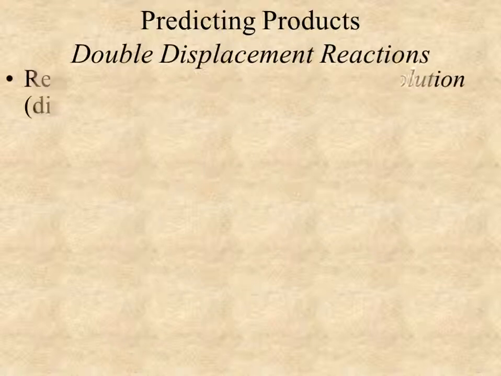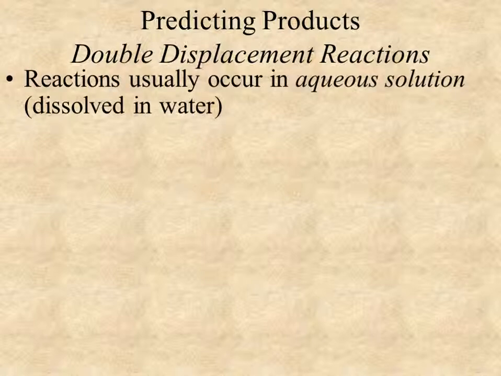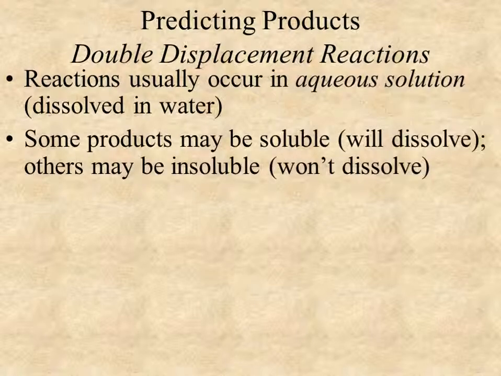With double displacement reactions, usually what we're mixing are 2 aqueous solutions. So it consists of 2 different compounds, usually ionic compounds, that are dissolved in water. And when you have an aqueous solution, those substances that are dissolved actually dissociate from one another. So the cations and the anions are intermingled with one another but are suspended within that solution.